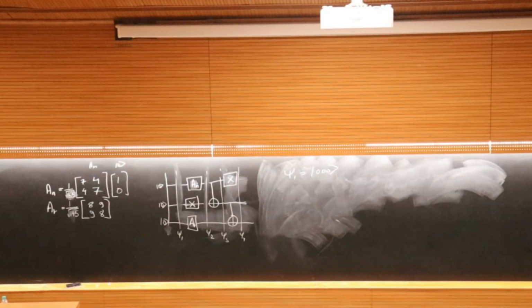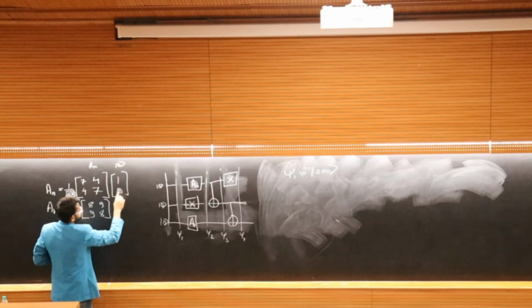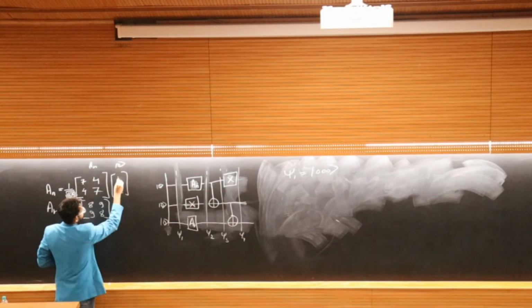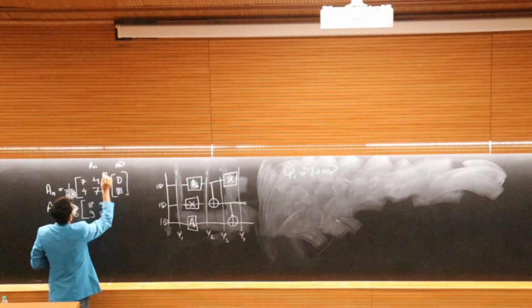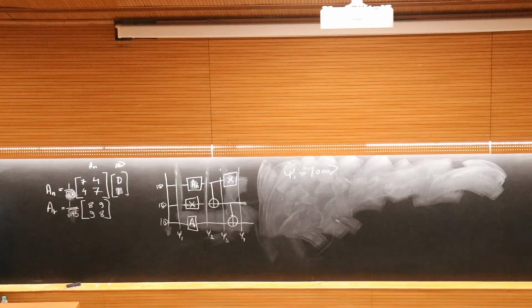Similarly, I can also check what happens if I multiply Anurag with 1. So if I multiply Anurag with 1, I will get 4, 7, right?